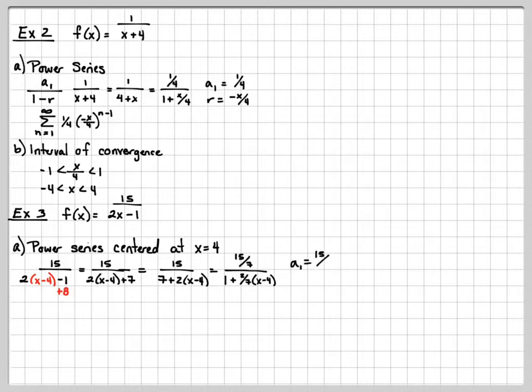So our a1 is 15 over 7. Our r is negative 2/7 times x minus 4. So our power series will be 15 over 7 times negative 2 over 7 times x minus 4, all to the n minus 1. Done. We've created a power series centered at x equals 4.